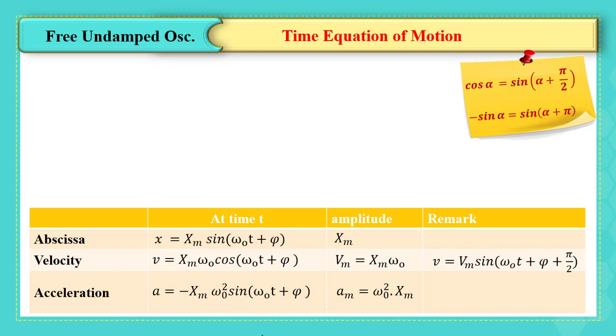Then v can be written as v maximum sine(omega 0 t plus phi plus pi over 2), since cosine alpha equals sine(alpha plus pi over 2). The acceleration a equals minus omega 0 squared x, and can be written as a maximum sine(omega 0 t plus phi plus pi), since minus sine alpha equals sine(alpha plus pi). This is used if I want to convert from cosine to sine and vice versa.